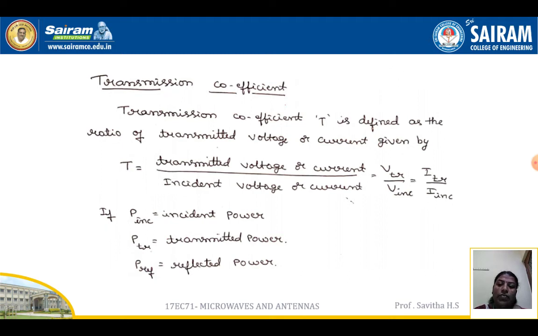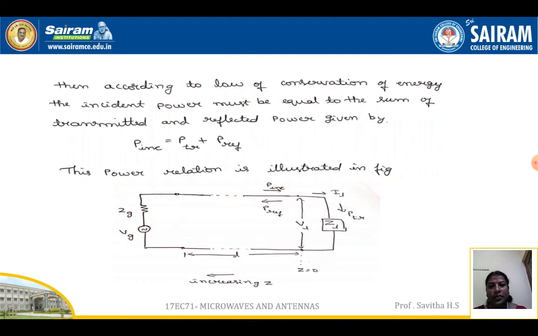So here P incident, P INC, is equal to incident power, P TR is equal to transmitted power, and P reflected is equal to reflected power. Then according to the law of conservation of energy, the incident power must be equal to the sum of the transmitted and reflected power. So according to the equation, P incident is equal to P transmitted plus P reflected.